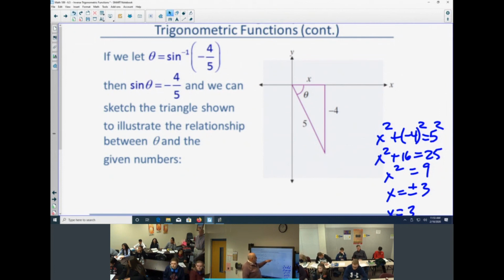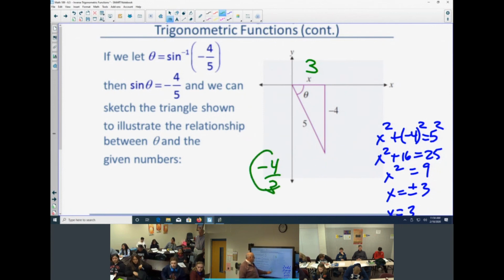So we're measuring this angle, where sine is opposite over hypotenuse. To get the third side, we use the Pythagorean theorem, and we get 3. Then the tangent of this angle is opposite over adjacent, so negative 4/3 would be our final answer.